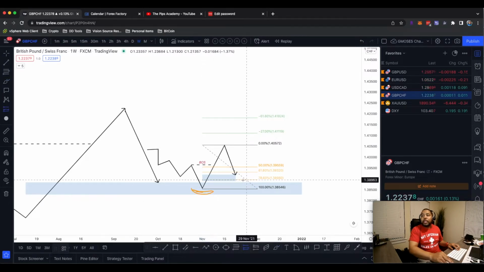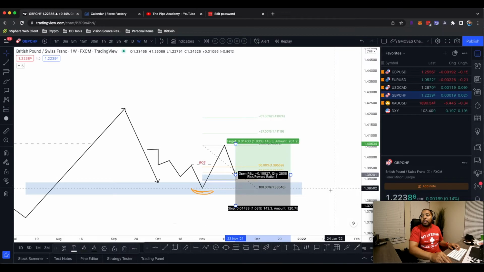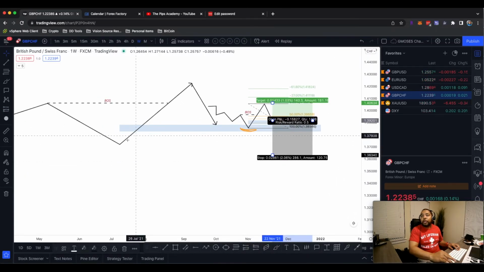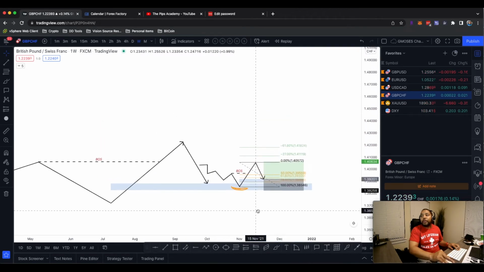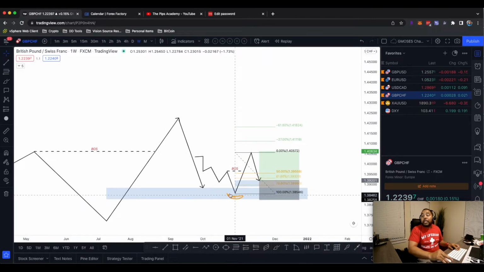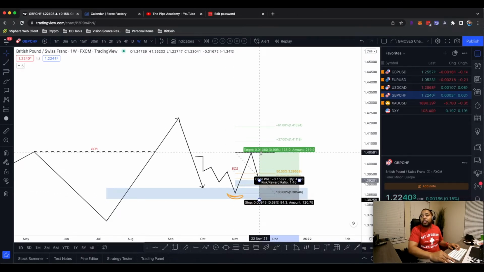So whenever you take your entry, instead of your stop loss being up under this area here, your stop loss will actually be under the 15-minute protected low. And then where's your TP?